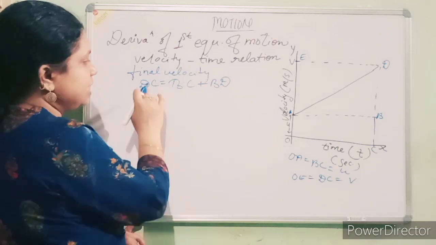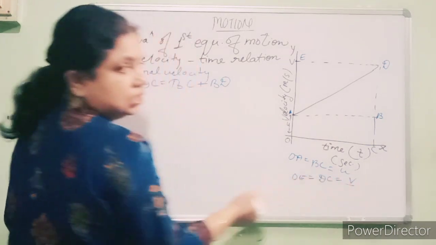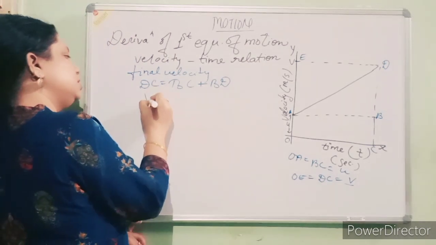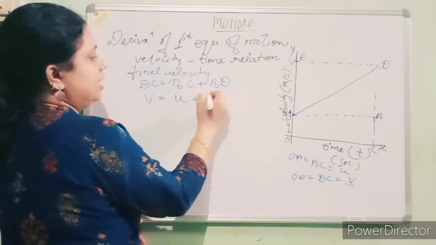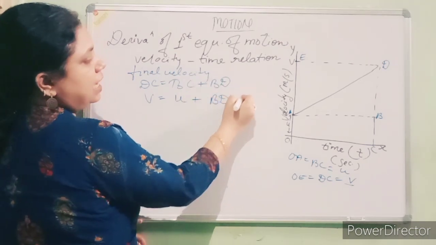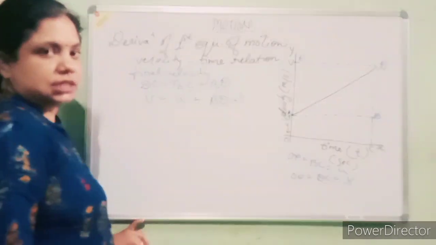Clear students? As we know, the value of DC is v. Now we put the values here. DC is v, BC value is u, and the BD value we have to find, because we don't know what BD is.